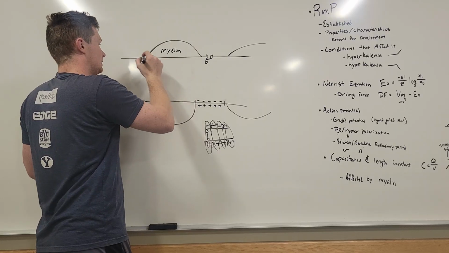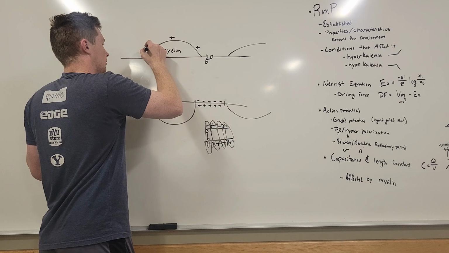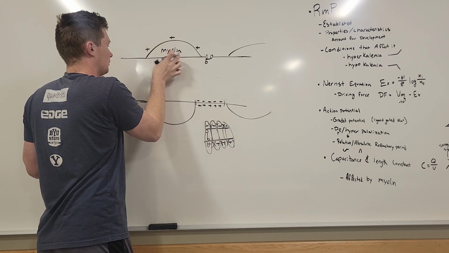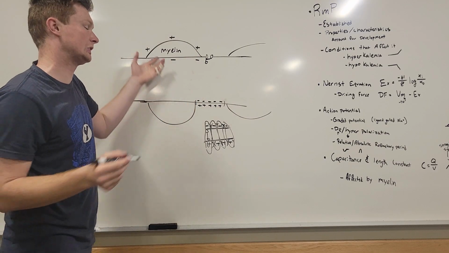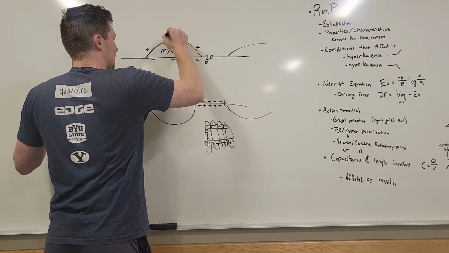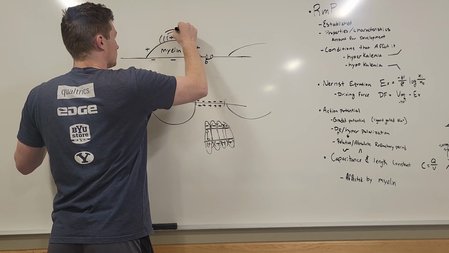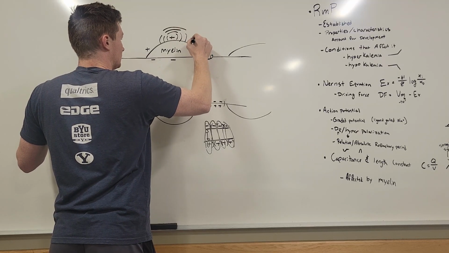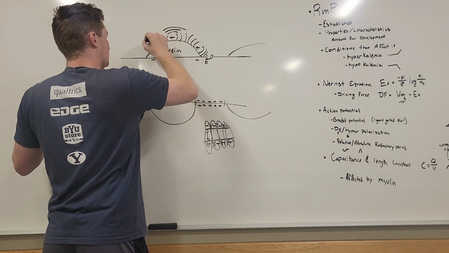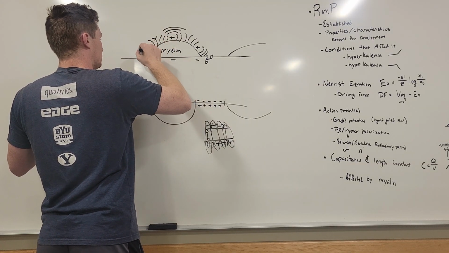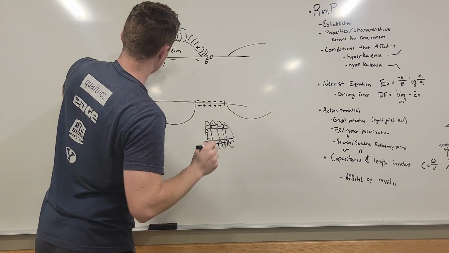But on the myelin, we're going to have, let's just say 3, okay? But this is because our repulsion is much higher, okay? Does that make sense? Same thing with these, because we're not close together.